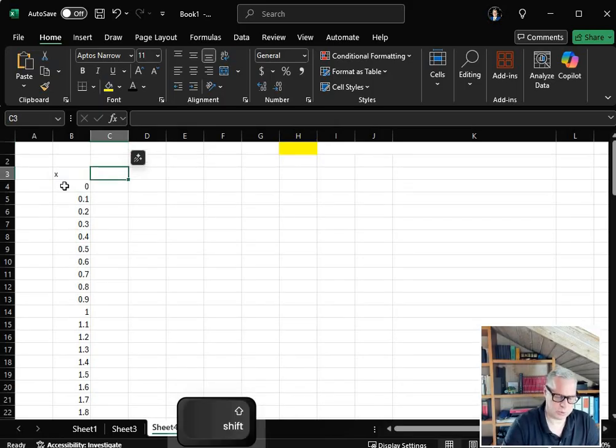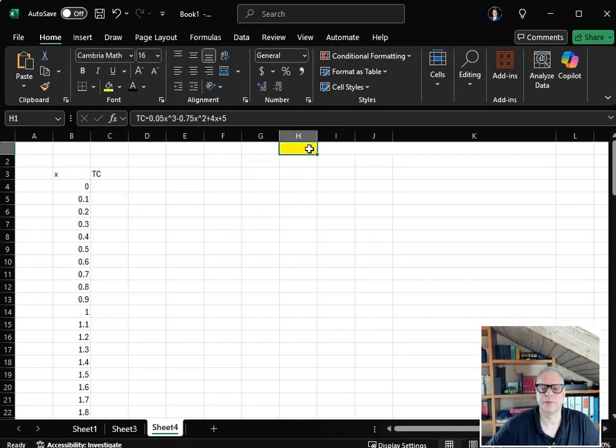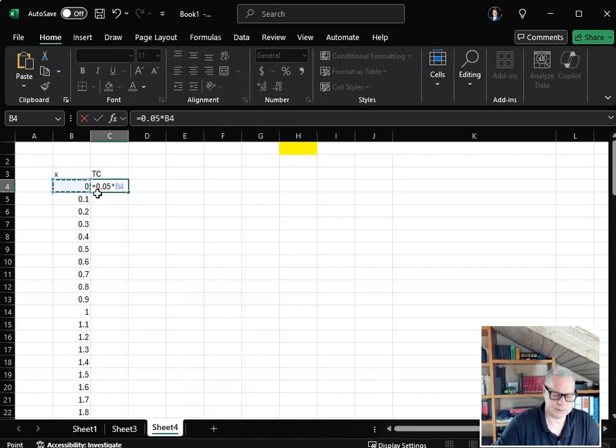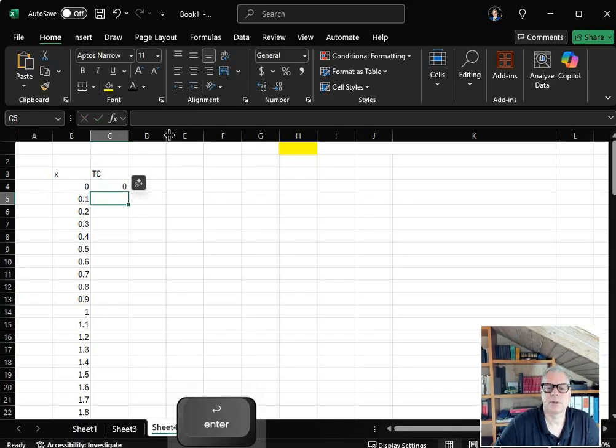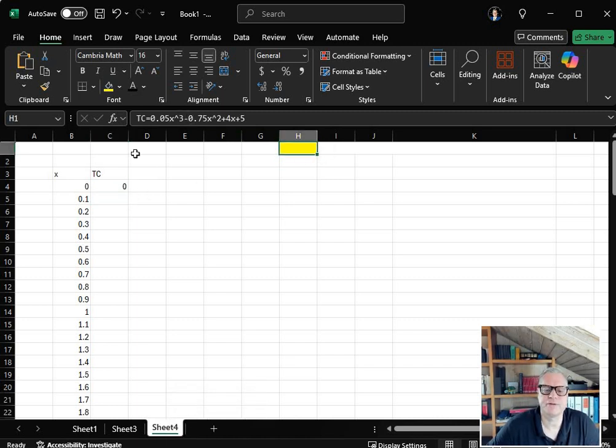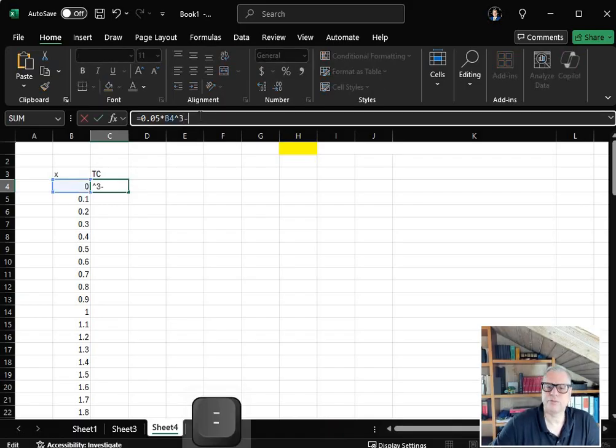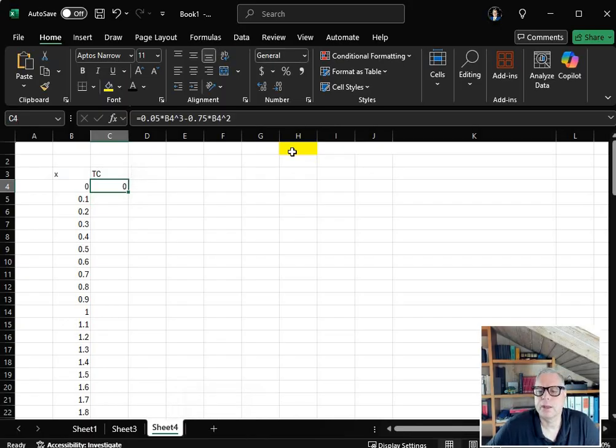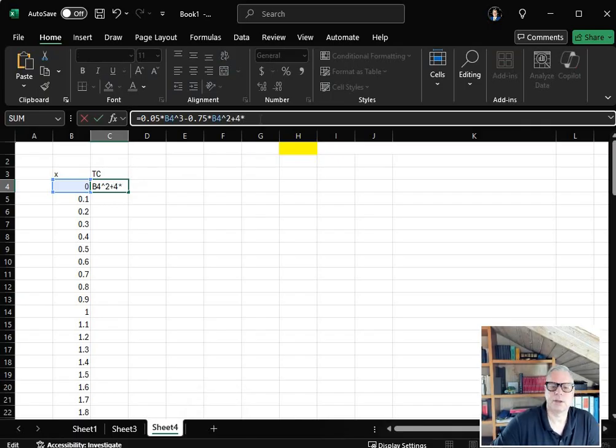Okay, so now the total cost function, which we have here, so equals 0.05 times x cubed, minus 0.75 times x squared plus 4 times x plus 5.